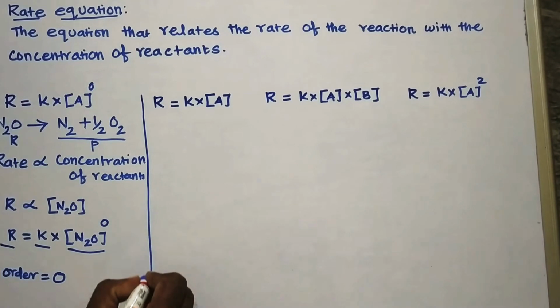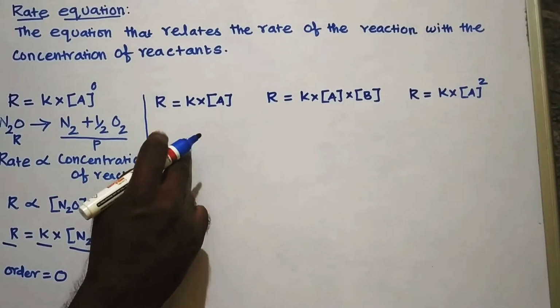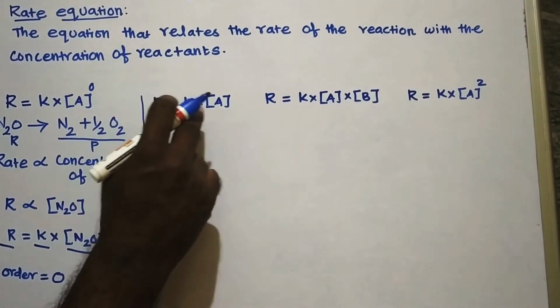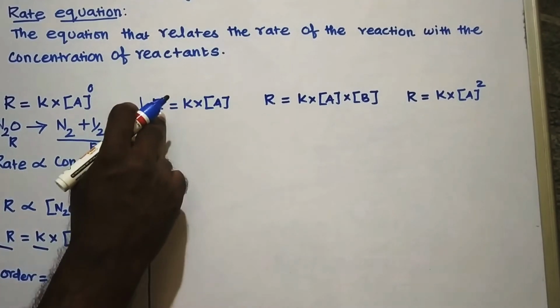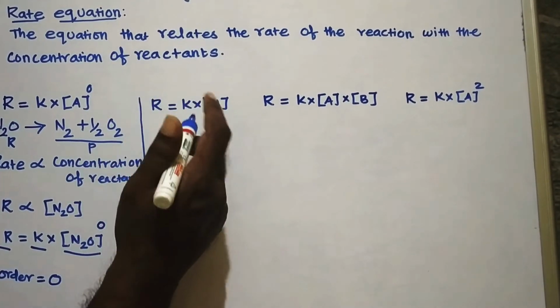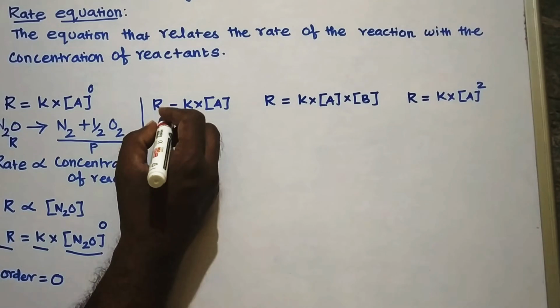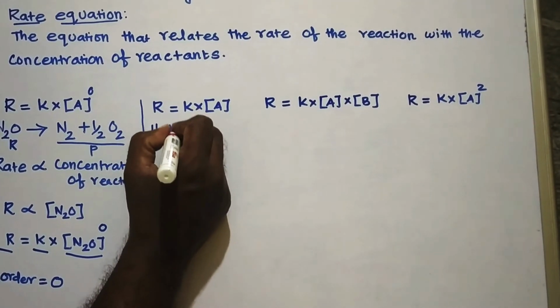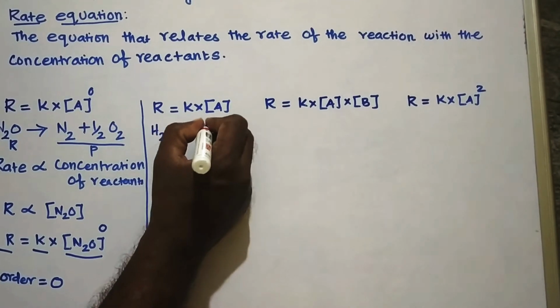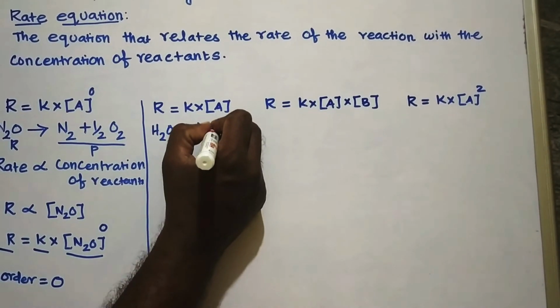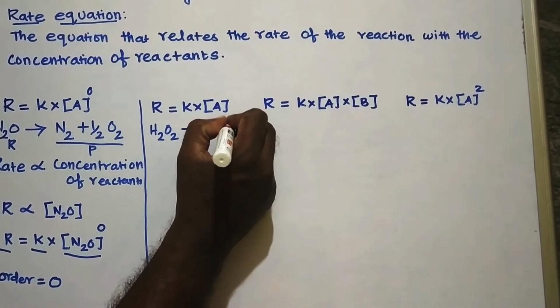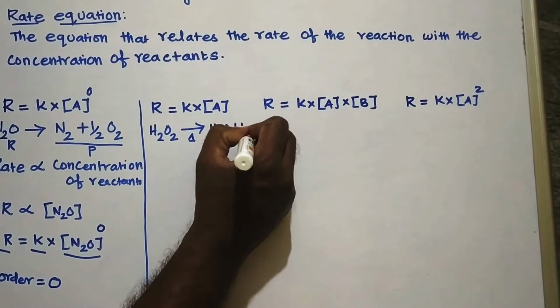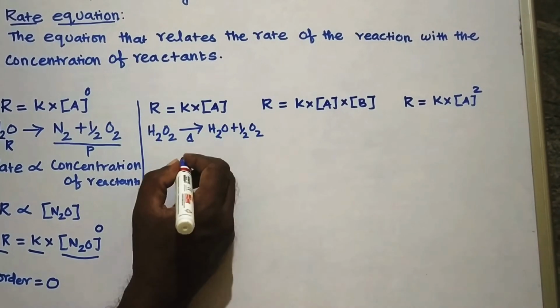Now we are going to see a first order reaction. R is equal to K into A. For the reaction, let us consider the decomposition of hydrogen peroxide, H2O2, on heating, which gives 1 molecule of water and half molecule of O2.